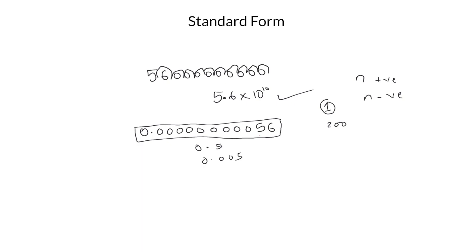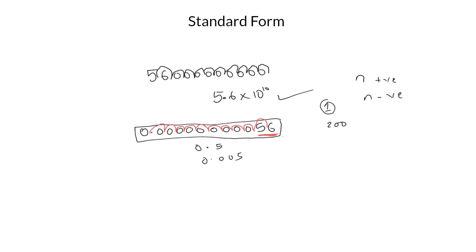Now, remember your front number should be between 1 and 10. And if that is going to happen, that means the decimal point must come in between 5 and 6. So I will move this backward. 1, 2, 3, 4, 5, 6, 7, 8, 9, and the last one, 10.